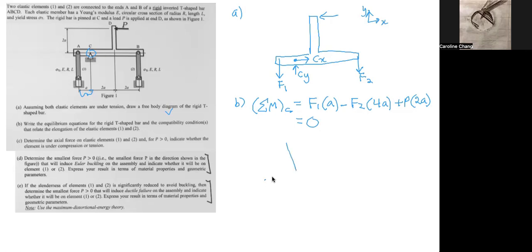So it's going to bend down, and from the original direction there's going to be some small angle theta. And thus we can use the small angle approximation. We have an elongation here, E2, and an elongation here, E1.